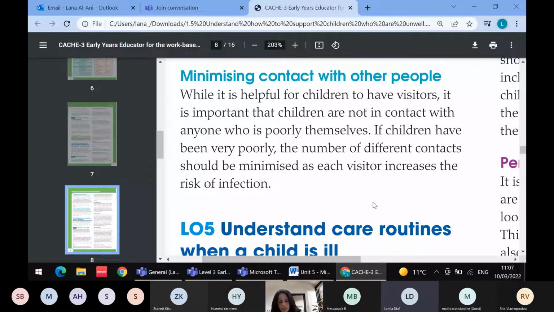So if there are any visitors, it is important for these children not to contact anyone who is poorly themselves. If the child is ill, we take him a little bit away from other children. Or if any visitors come in, we make sure they are a bit far away from the children.